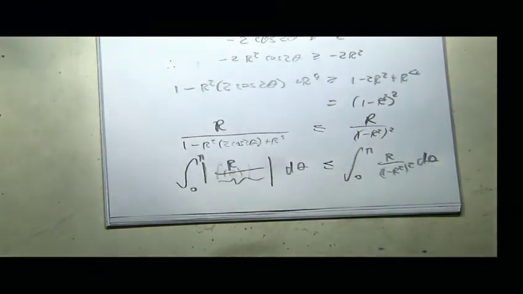And a less than or equal to is a good plan because the whole point is to show that it goes to 0. So if I can show it's less than something that goes to 0, then that'll work. Okay.